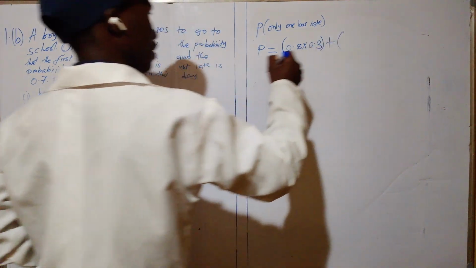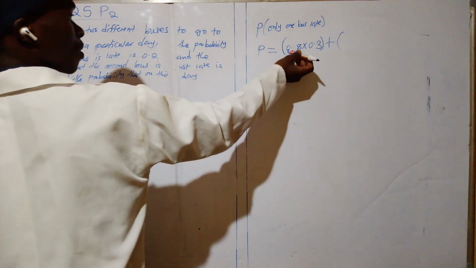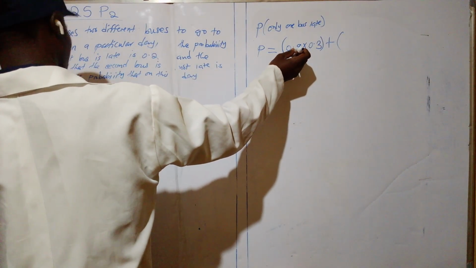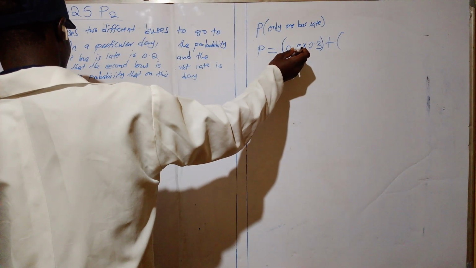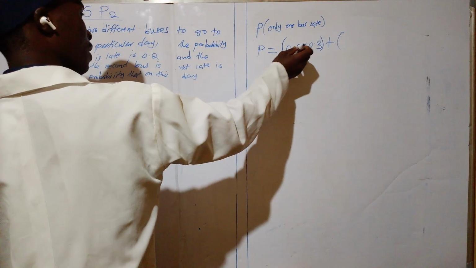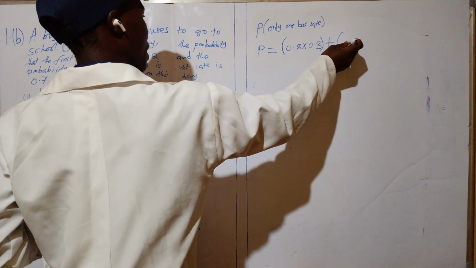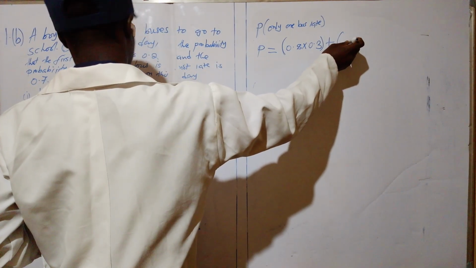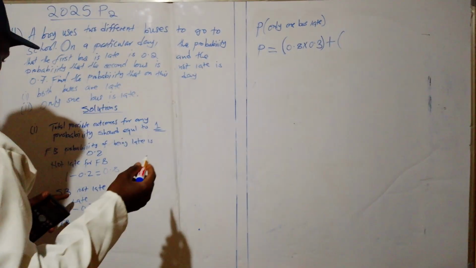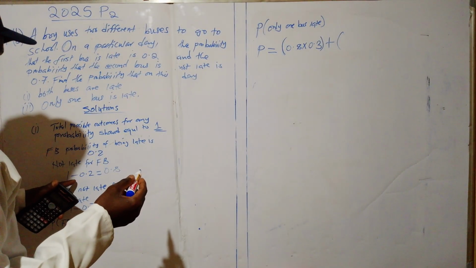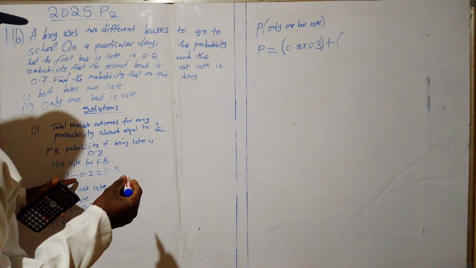Then the other one. Since for this one we've already written the first bus is not late and the second bus is late, the other option is that the second bus should not be late and then the first bus should be late.